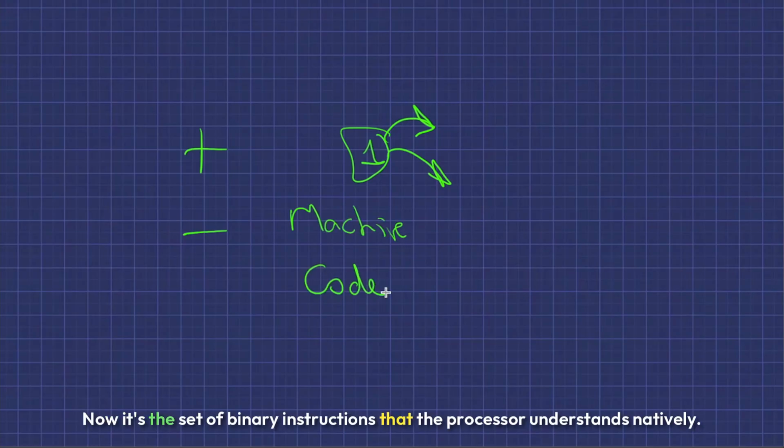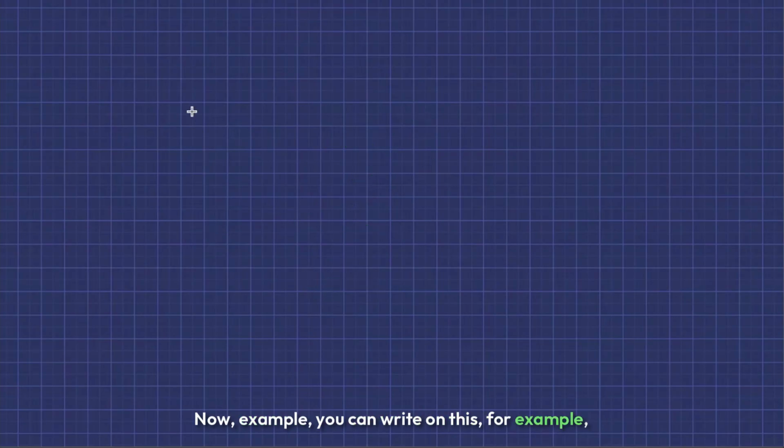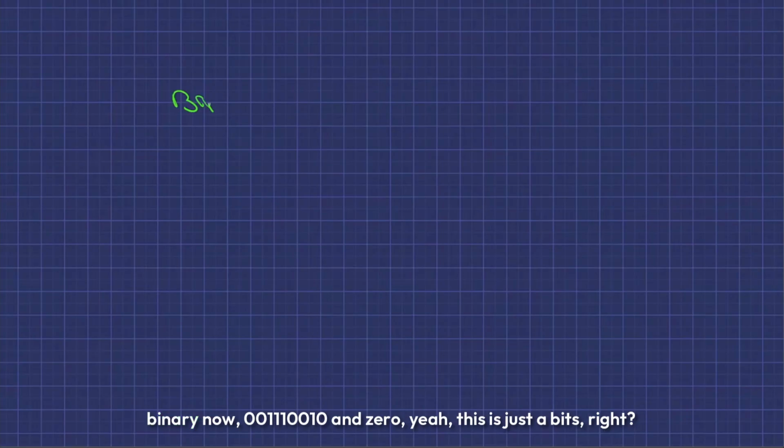Now, it's the set of binary instructions that the processor understands natively. For example, you can write binary: 0 1 1 1 0 0 1 0 0 0. Yeah, this is just bits, right?